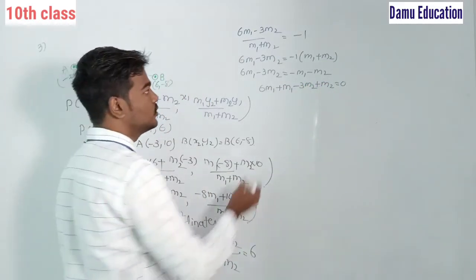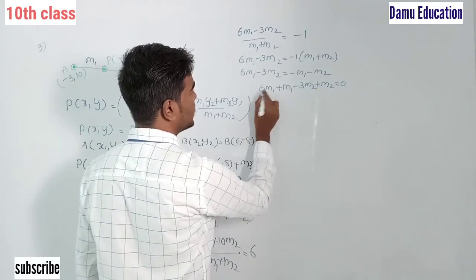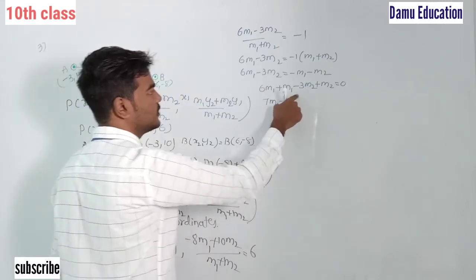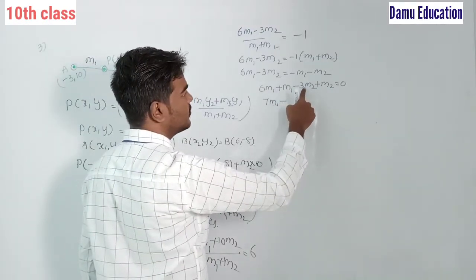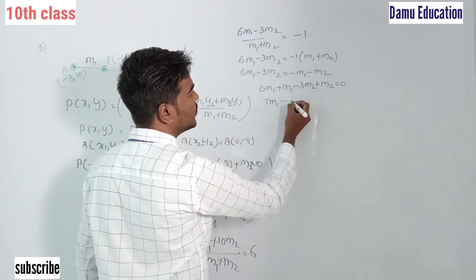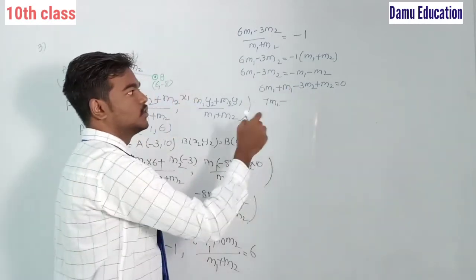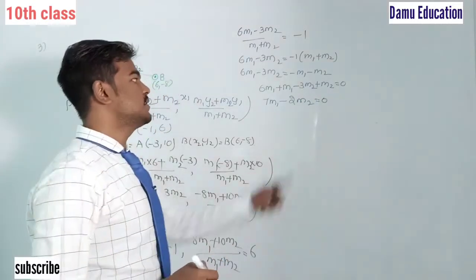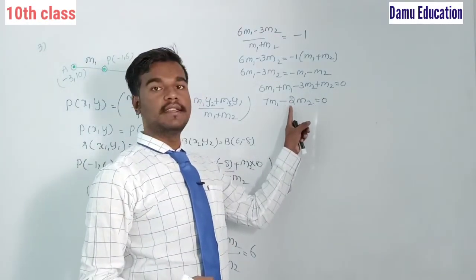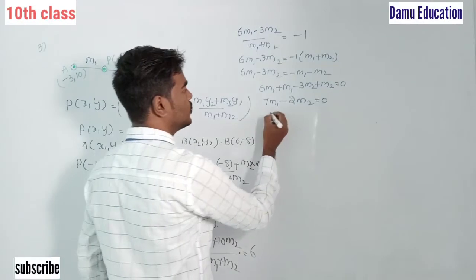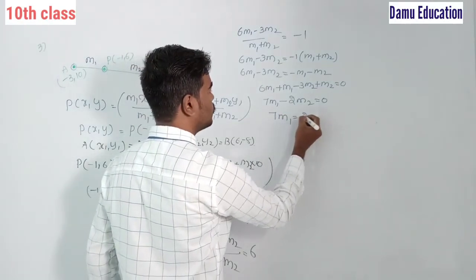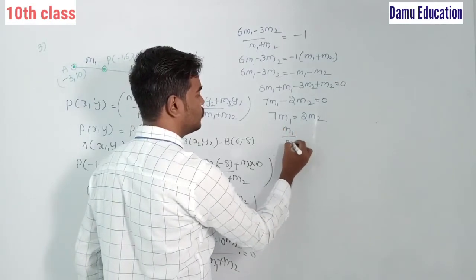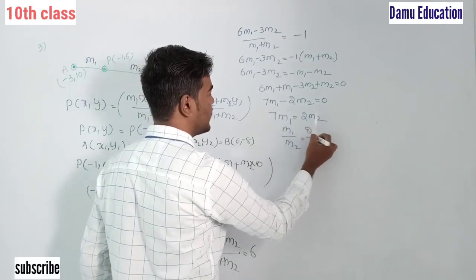Then 6 m1 plus m1 is 7 m1, minus 2 m2, because minus 3 plus 1 gives minus 2. So 7 m1 equals 2 m2. We will get the answer like this: m1 by m2 will be equal to 2 by 7.